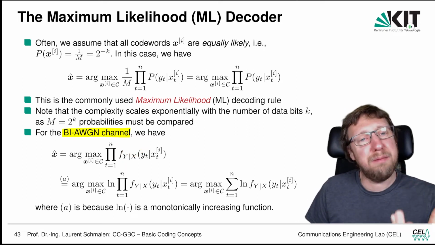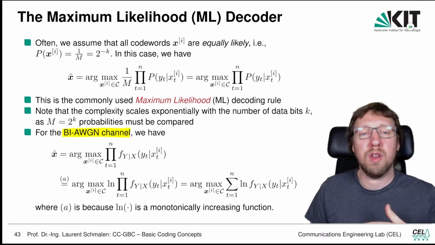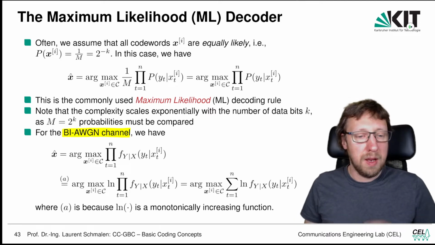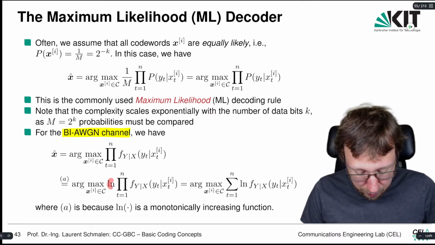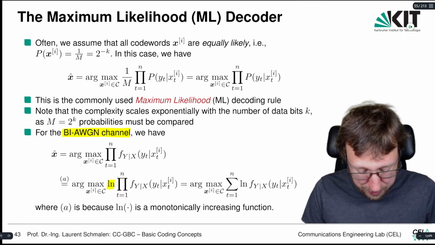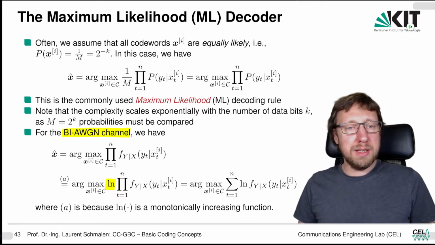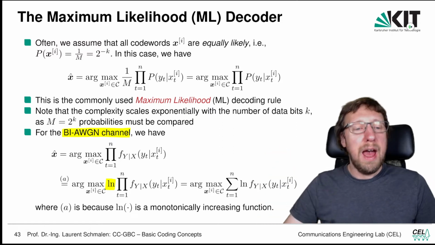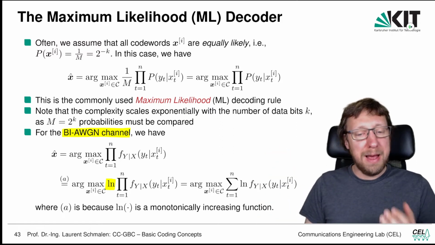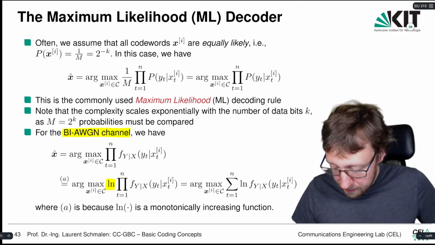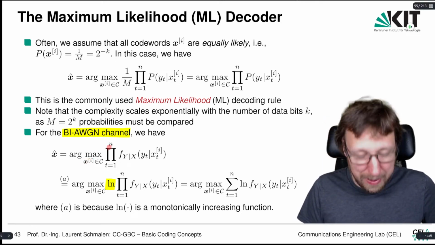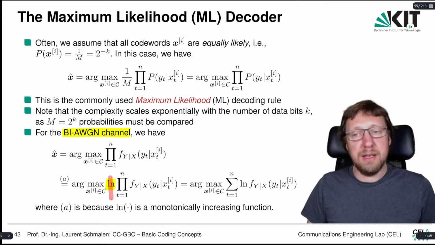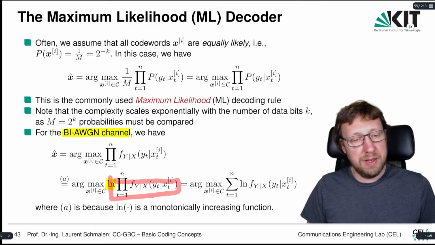How do we get a summation from a product? The logarithm is our good friend. So we apply the natural logarithm, and we can just write a logarithm in front of this expression. Why can we do this? Because the logarithm is a monotonically increasing function, and it will not change the maximizer. So if some xi will maximize this function, the same xi will also maximize the logarithm of this function.